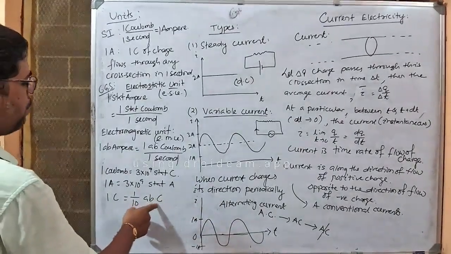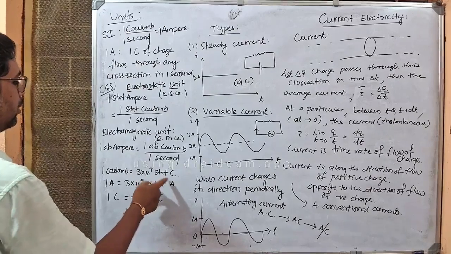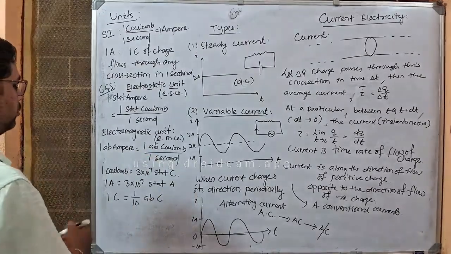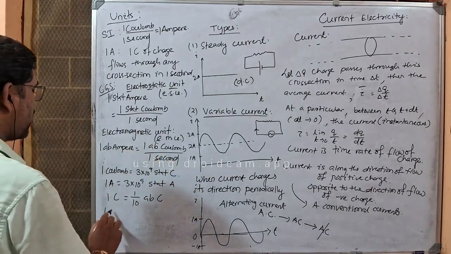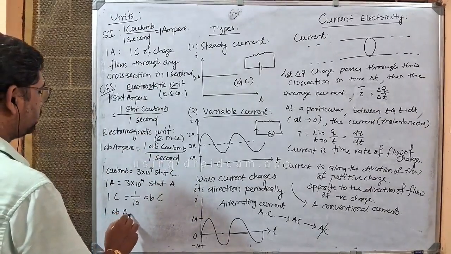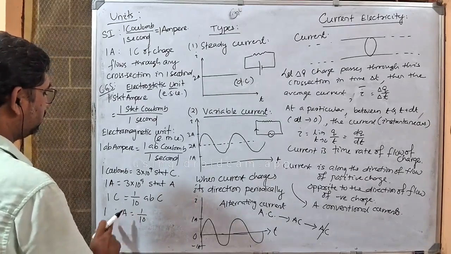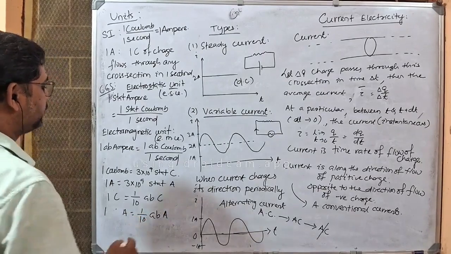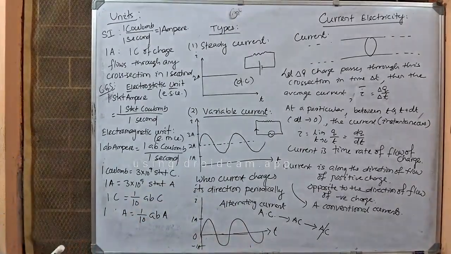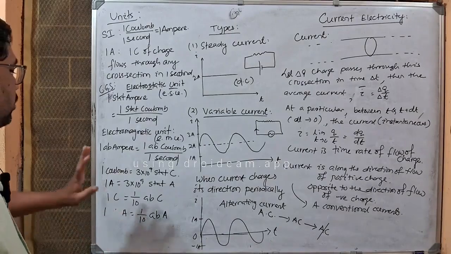Ab coulomb is a larger unit, but stat coulomb is a smaller unit. So 1 ampere is equal to 1 by 10 ab ampere.